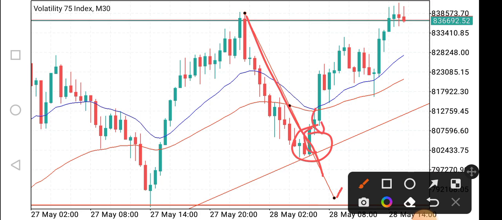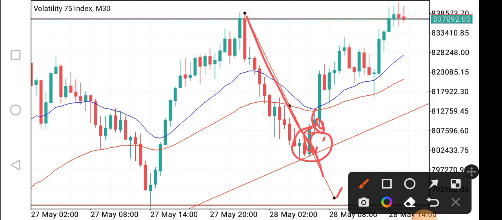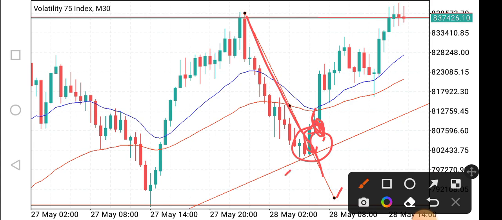Are you getting my point? This one closing above is a confirmation. And when the second bullish candle closes again, I'll take my entry from this chart, and I'll put my support under the trend line. Then I'll take my entry straight.